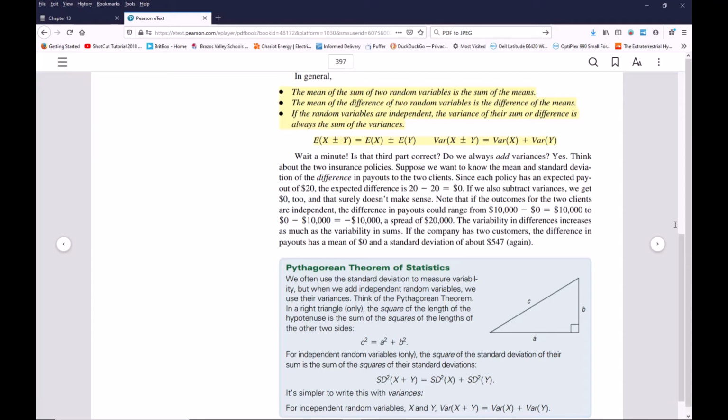It's not a plus b equals c. Similarly, you have to square a standard deviation to variance and then square for a different random variable that standard deviation to variance, add them up and take the square root just the way you would finding a side in the Pythagorean theorem. So interesting. After all these years of using this textbook, I never read that.